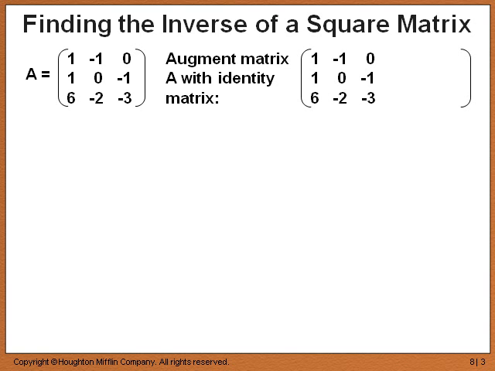It just means that right next to, on the right of matrix A, in a larger matrix, you simply write the identity, the 3 by 3 identity, which is 1, 0, 0, 0, 1, 0, 0, 0, 1. And so what we end up with is this augmented matrix of order 3 by 6.